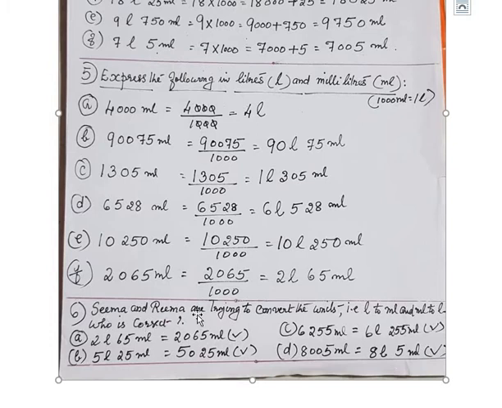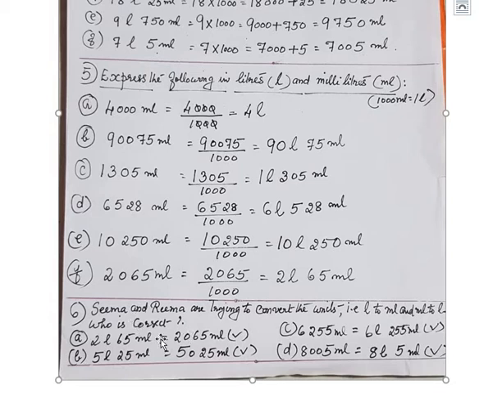Seema and Reema are trying to convert the units, that is liter to milliliter and milliliter to liter. Who is correct? In your workbook it is fully written, but here I have shown only the answer. First I will read.